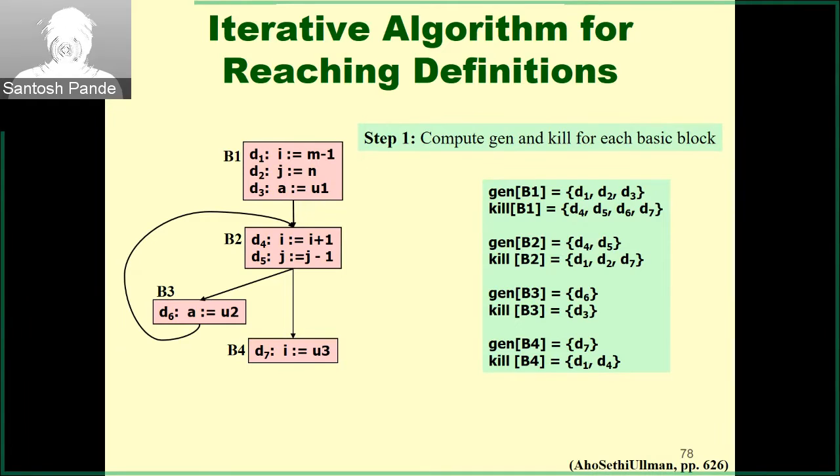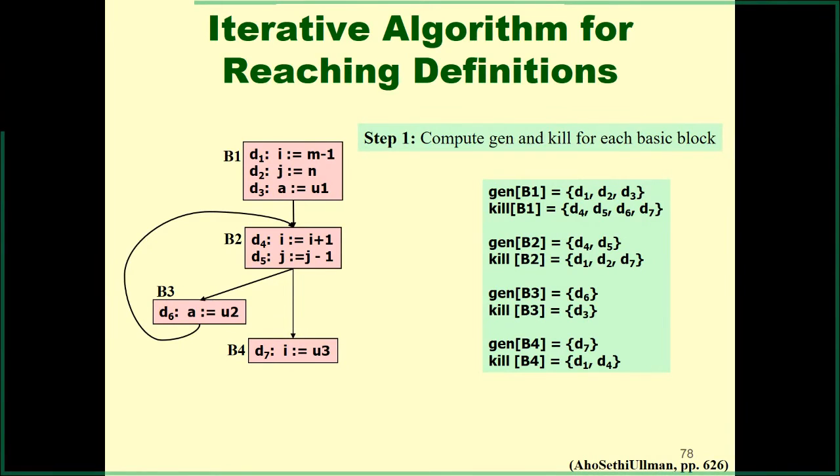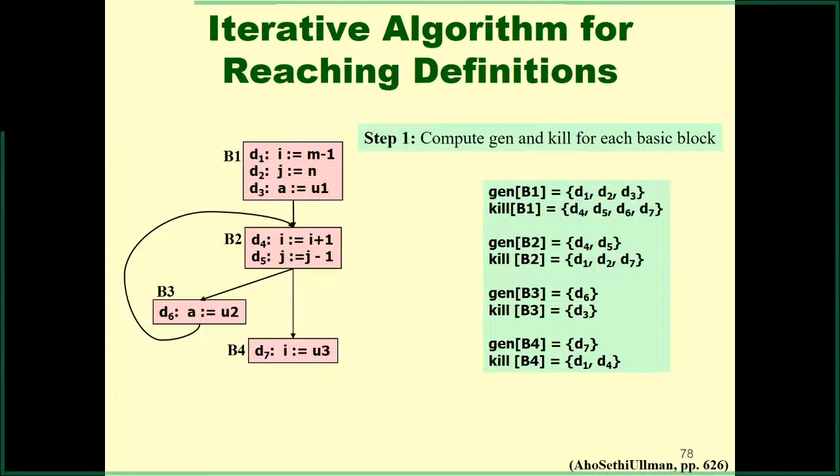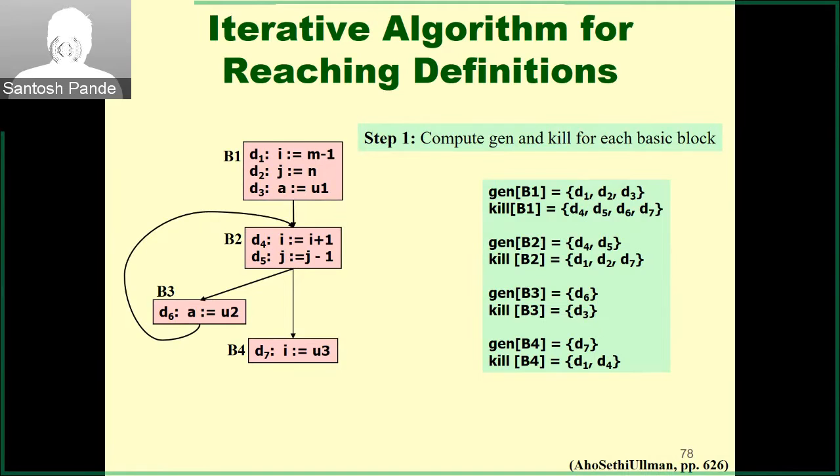But what if in some execution or executions, P does not point to I? Because we made an assumption that P may point to I, it means there might exist some dynamic executions in which P may not point to I. And if the definition of some I comes in at that particular point, and P is not pointing to I, that definition will not get affected.